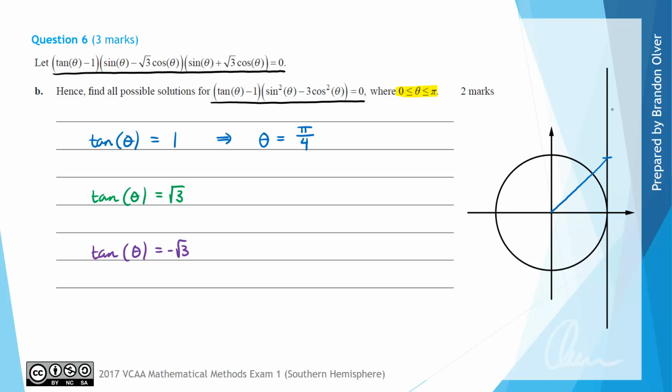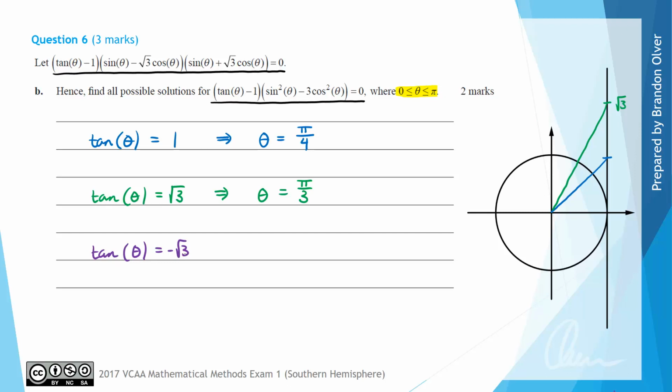For the green, I know that tan theta equals root 3 up here, which gives an angle of pi on 3. So theta equals pi on 3, and there's no other angle between 0 and pi that gives tan theta equaling root 3.